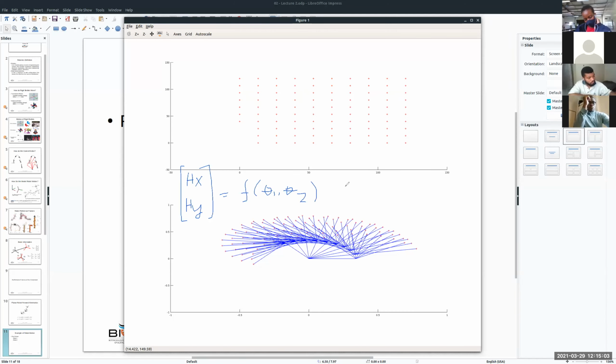Okay, this is what we call forward kinematics. The independent variables are the joint angles and the dependent variables are the hand position.